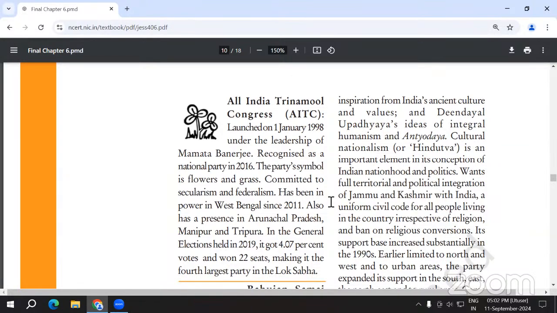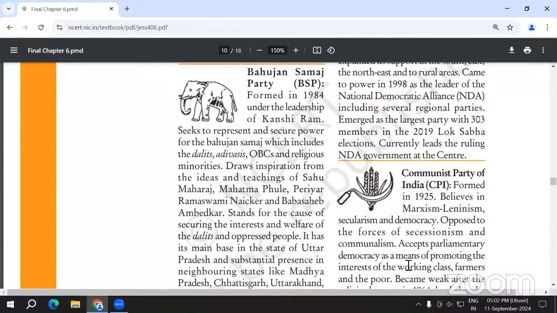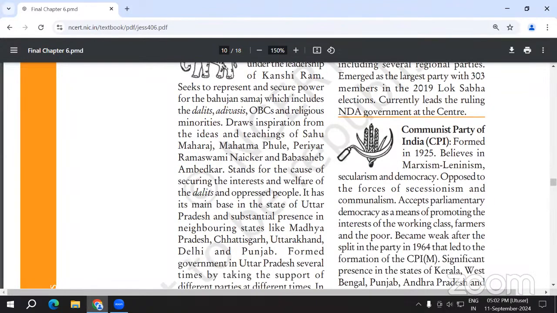Now it has come down to 245. But still it is the largest single party. Clear? I'll ask some questions afterwards. You have to answer.